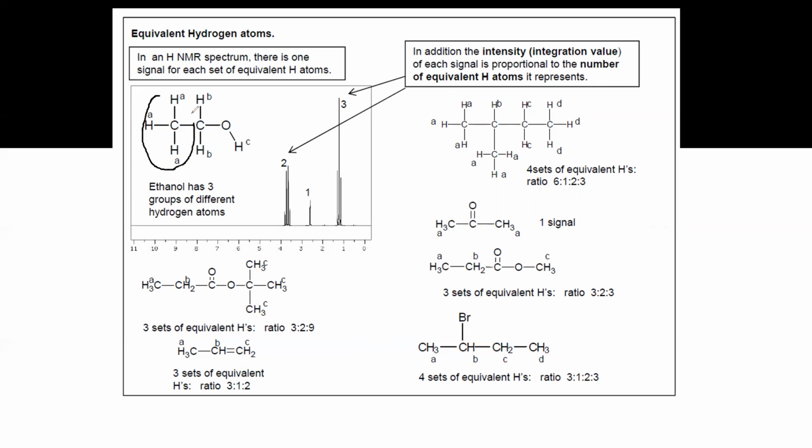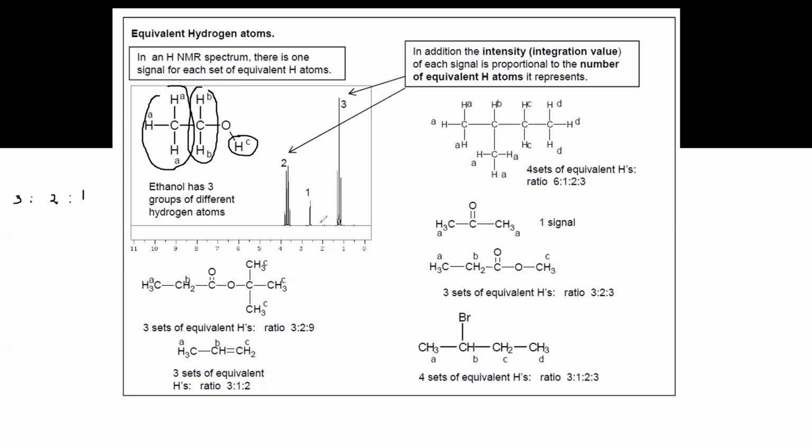So CH3, this is one hydrogen environment. Then this is a second hydrogen environment, CH2. And this is a third hydrogen environment. So there are three hydrogen environments, that's why three peaks will be there. And what will be the relative intensity? The first hydrogen environment will have 3, the second hydrogen environment 2, and the third hydrogen environment 1.